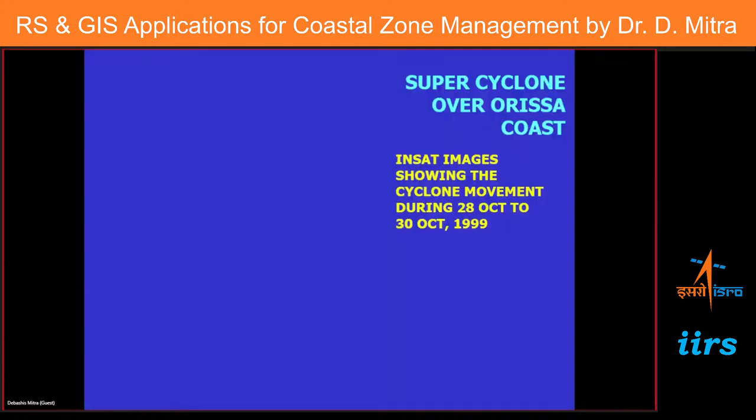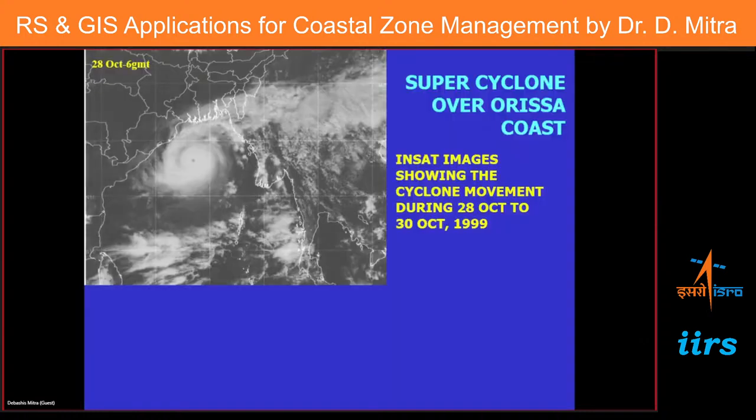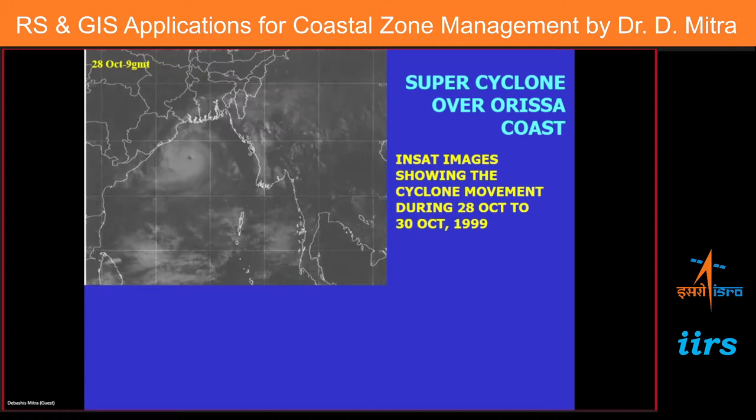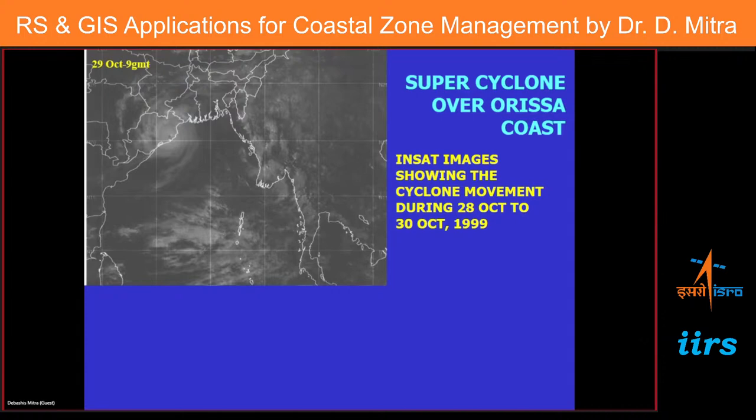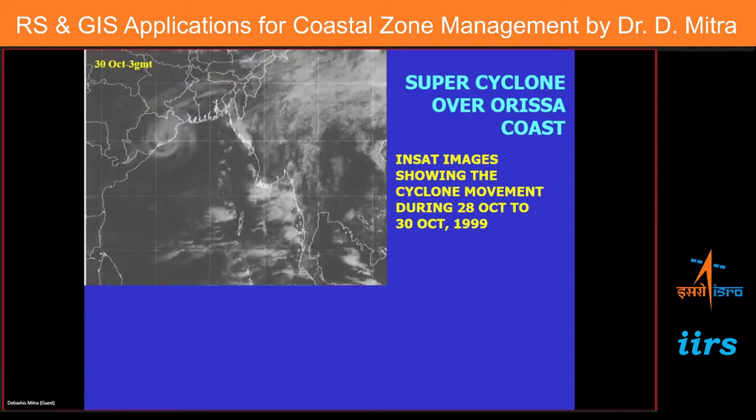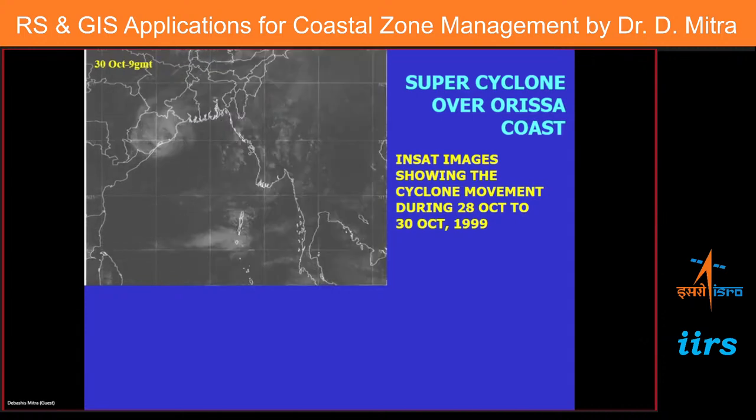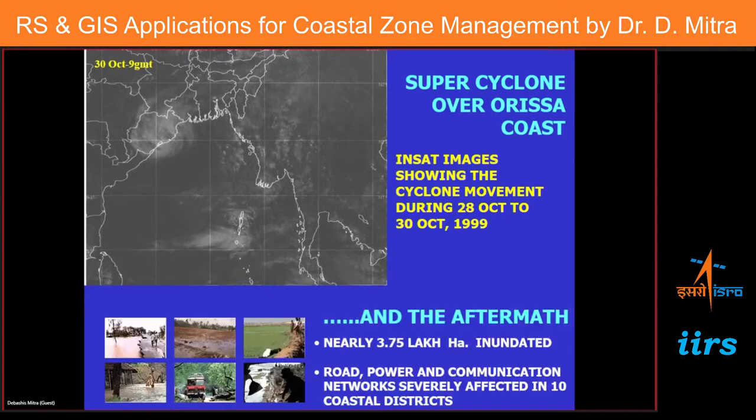This is the eye of the super cyclone on the INSAT series satellite, showing how it originated in the ocean and how it migrated to Odisha near Paradip. This super cyclone happened from 28th to 30th October 1999. Surprisingly, the prediction during those days was not very accurate. The prediction was that the cyclone would hit the Odisha coast, migrate along the coast to West Bengal, and finally die out in Bangladesh.